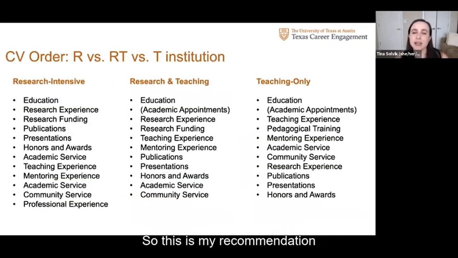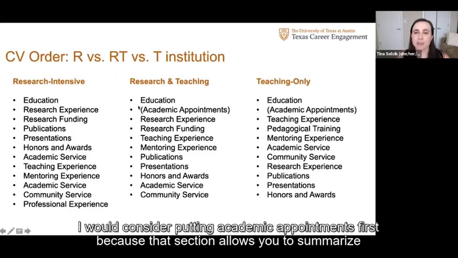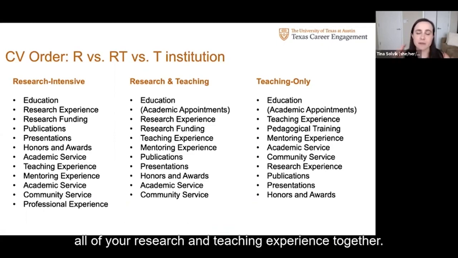So this is my recommendation, and for the majority of RT, though it can change. Start with education, of course. I would consider putting academic appointments because that section allows you to summarize all of your research and teaching experience together.